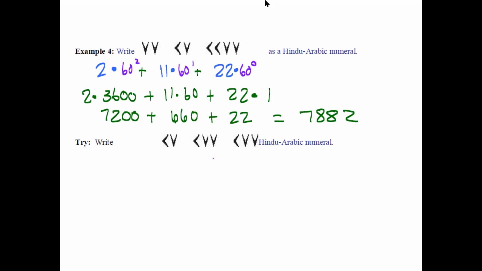Okay, let's take a look at this one. Just based on the last one here, this symbol here means 11 times 60 to the 1 power. But because this is in the second position, you put a square. Here, you have 12 times 60 to the 1 power. And here, it is 12 times 60 to the 0 power.